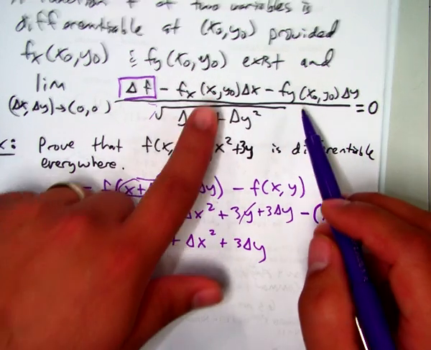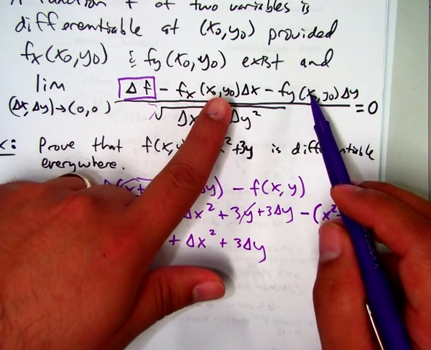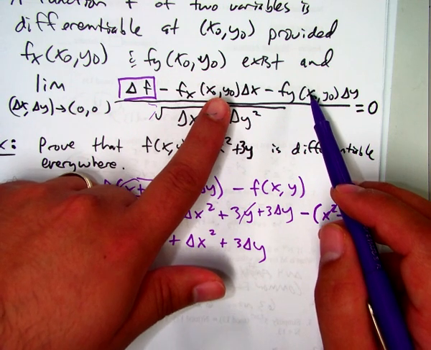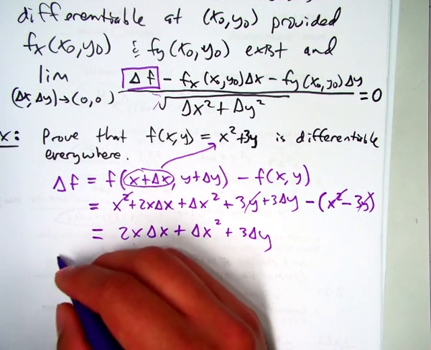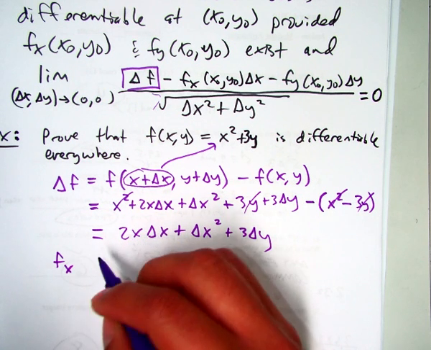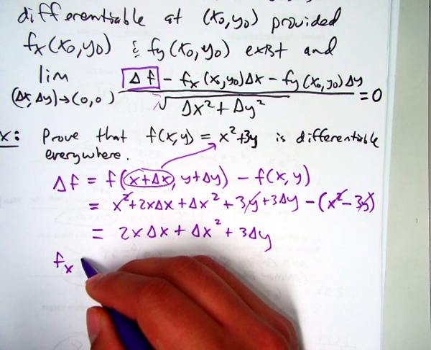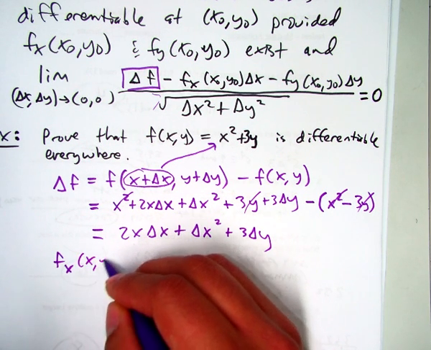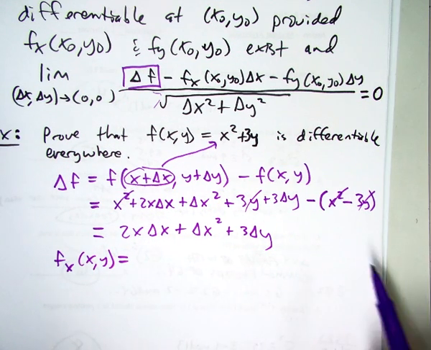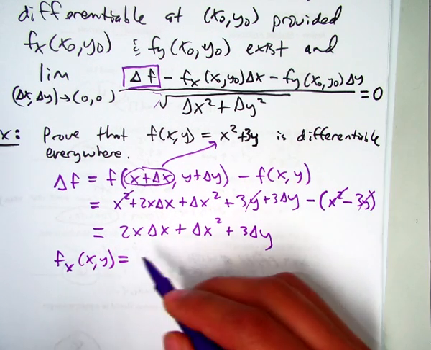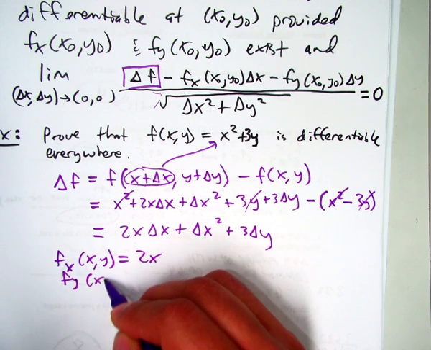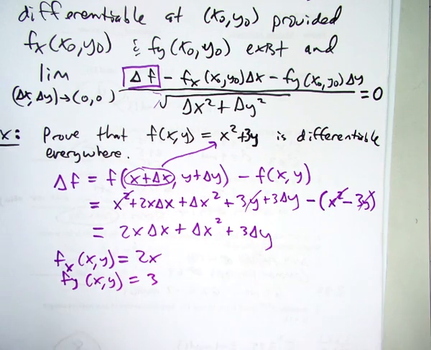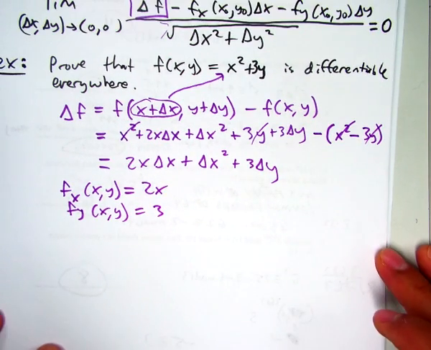Okay, so that's the real change in f. This second part of the numerator represents the approximate change, right? So now we're calculating what that's going to look like. In order to do that, we need to find partial x, which is what? 2x, partial y, 3. Okay. And now I'm going to plug everything into the formula and find the limit.